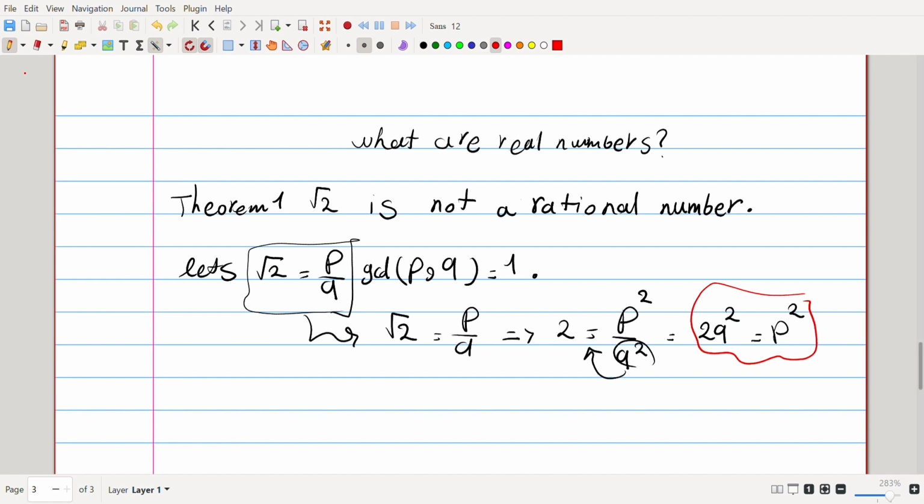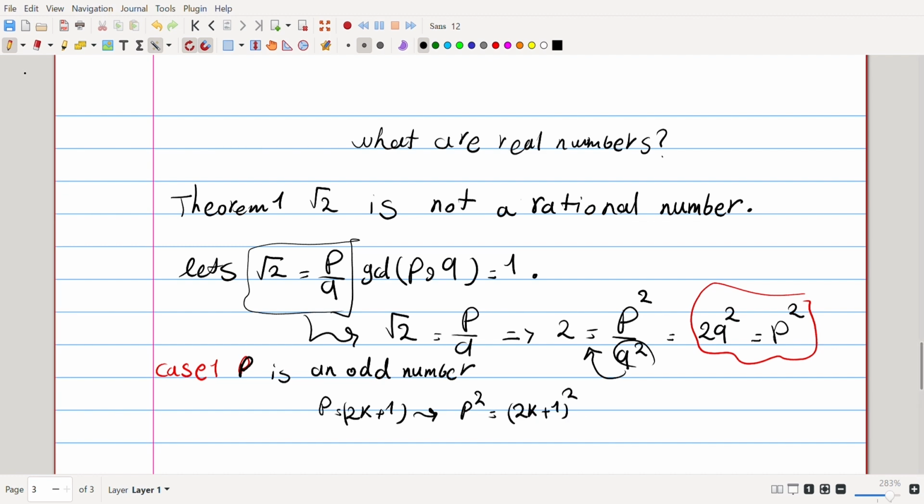Now let's do a case-by-case scenario. The first case is that p is an odd number. If p is an odd number, then p is a representation like this, p equals 2k plus 1. If we take both sides to the power of 2, we get p squared equals 2k plus 1 squared, and that is equal to 4k squared plus 4k plus 1.